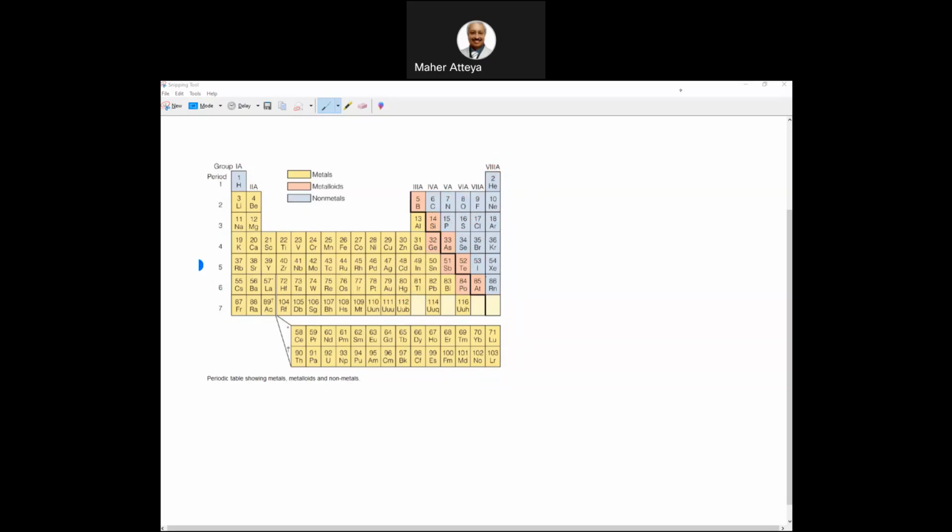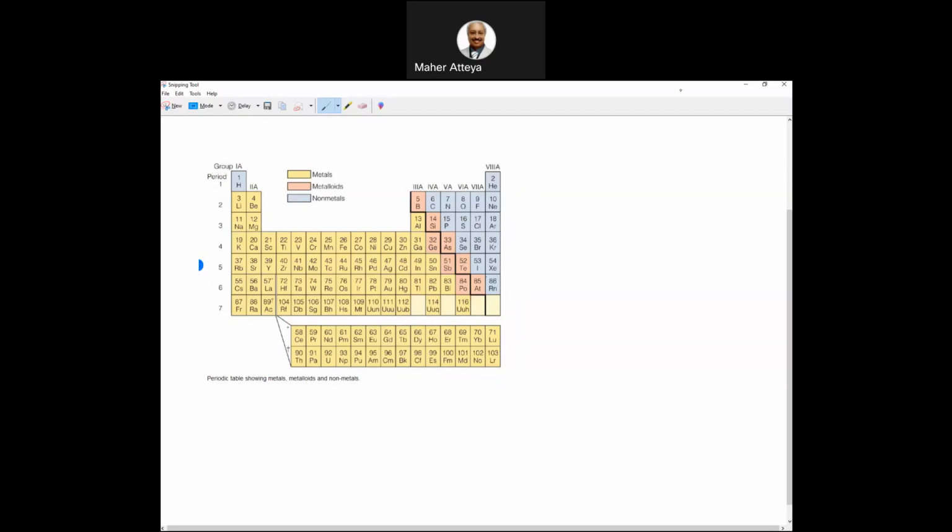So the metalloids act like this. They don't conduct electricity 100%, but to some extent they do. If you get electrocuted by a semiconductor, you will not be dead. You'll not be barbecued. You're still alive. But if you are electrocuted by a metal conducting electricity, you'll be dead. So that's the difference between them.